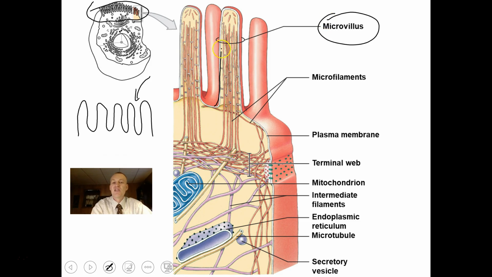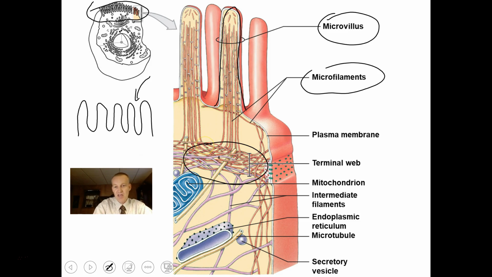You can see it's an extension of the cell membrane, and inside of it there are all kinds of microfilaments, or parts of the cytoskeleton, that organize these little extensions. You can see they're anchored down here into a web of the cytoskeleton, so it's a highly organized structure, but it increases the cell membrane surface area significantly for parts like kidney cells and small intestinal cells, to help to absorb things.